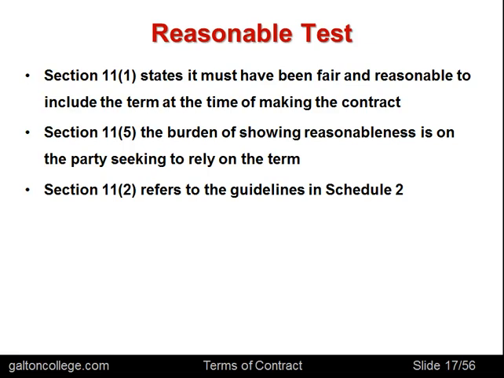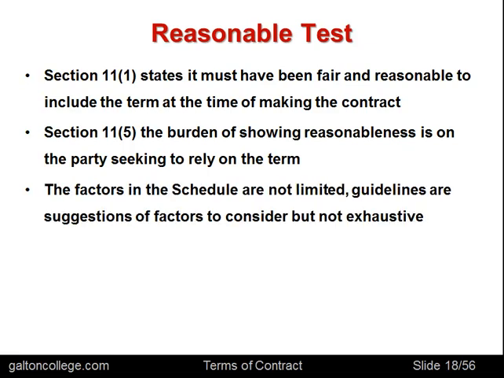Section 11.2 refers to the guidelines in Schedule 2, so we'll just leave that. The factors in the schedule are not limited. Guidelines are suggestions of factors to consider, but not exhaustive. So there's a schedule of factors to say what is reasonable, what the courts should look for, and it gives guidelines and suggestions of factors to consider.